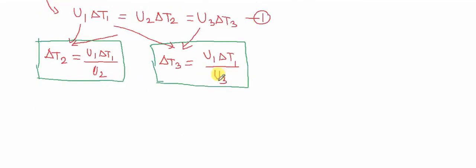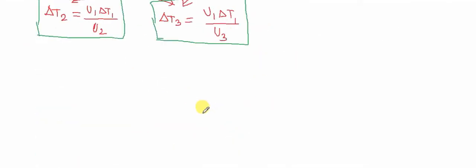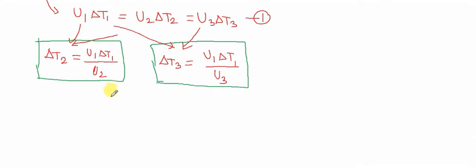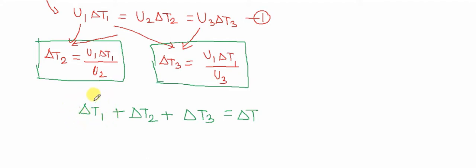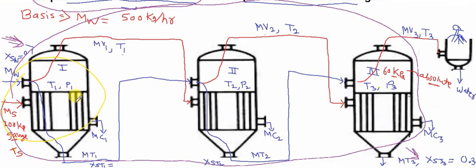Now concentrate on what I am writing. Now I am writing one equation, please note it down: delta T1 plus delta T2 plus delta T3 is equal to delta T. Now what is the meaning of delta T? Delta T1 means the temperature difference in the first effect evaporator.